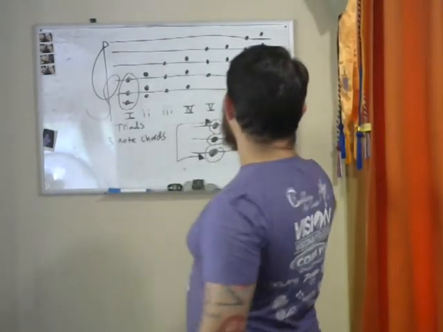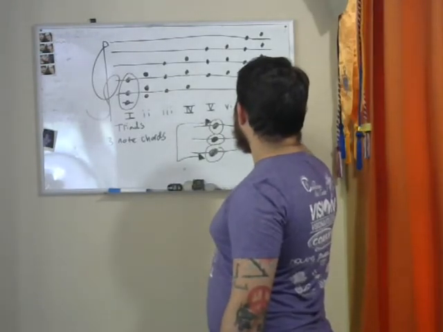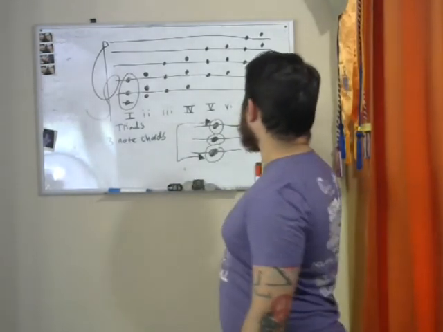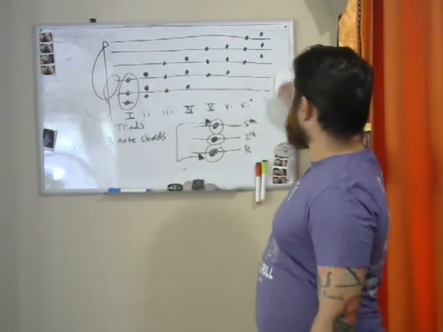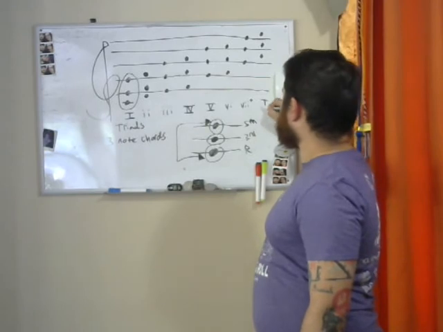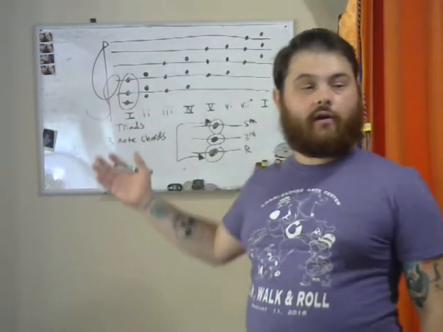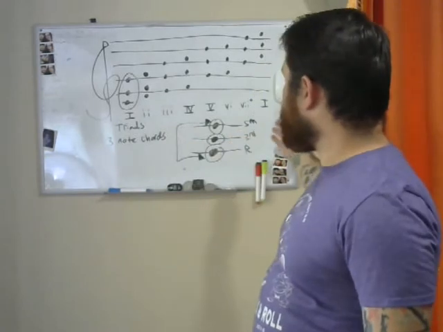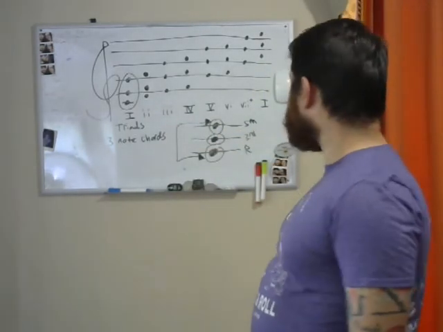So for this one, we're going to write a lowercase 7 and then a little degree symbol next to it to represent diminished. And then C major would be a major 1. And so those are all of the chords available, all of the 3-note chords available in C major.